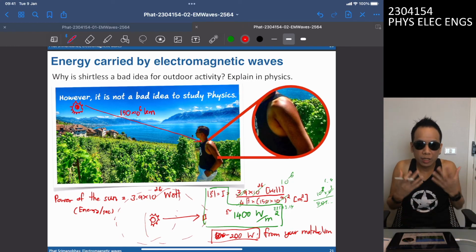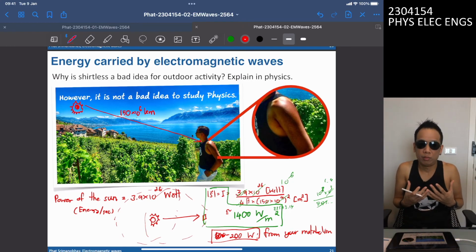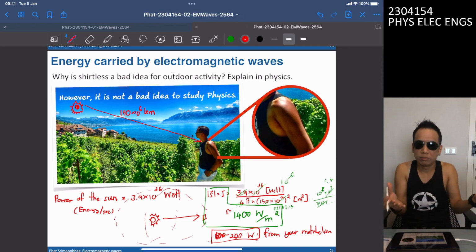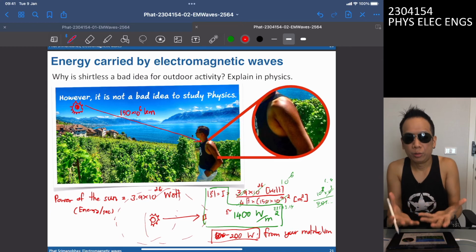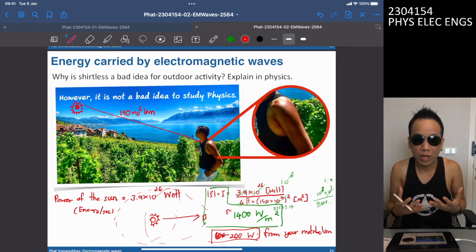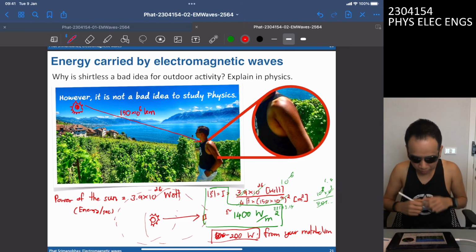So what you get is 1,400, but what you radiate is 200, or 400 if you're biking. So you get a lot of energy from the sun, and that's why it creates a burn, because you cannot really radiate that energy out from your body.